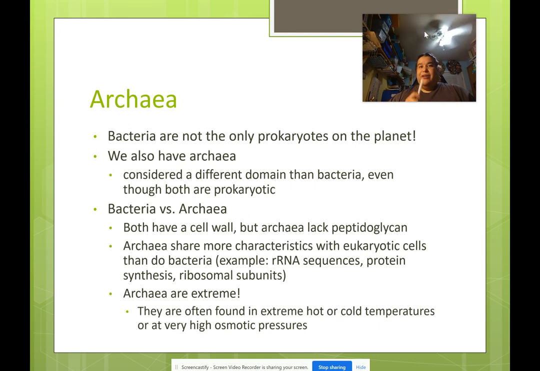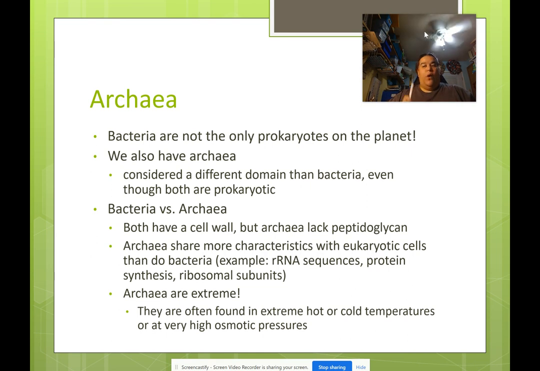So bacteria are not the only prokaryotes that we have. The Archaea are considered a different domain than bacteria, even though both are physically kind of the same. So, what's the difference? Why do we separate them?